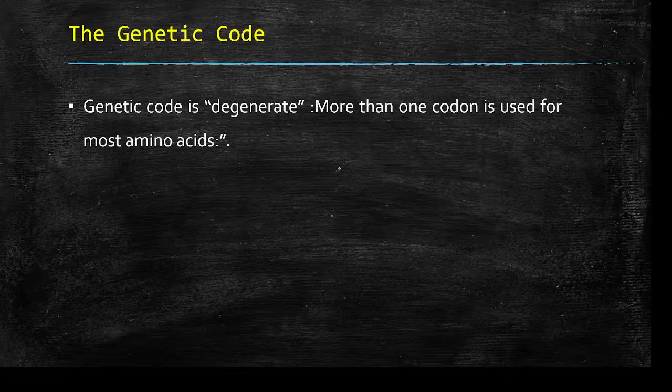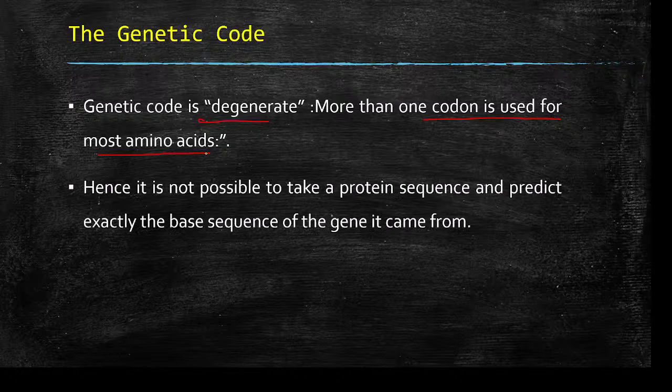So genetic code is degenerate. We call it degenerate because more than one codon is used for most amino acids. That is, more than one codon can code for one particular amino acid. We will see that in the next slides when we look at the whole picture of genetic code.